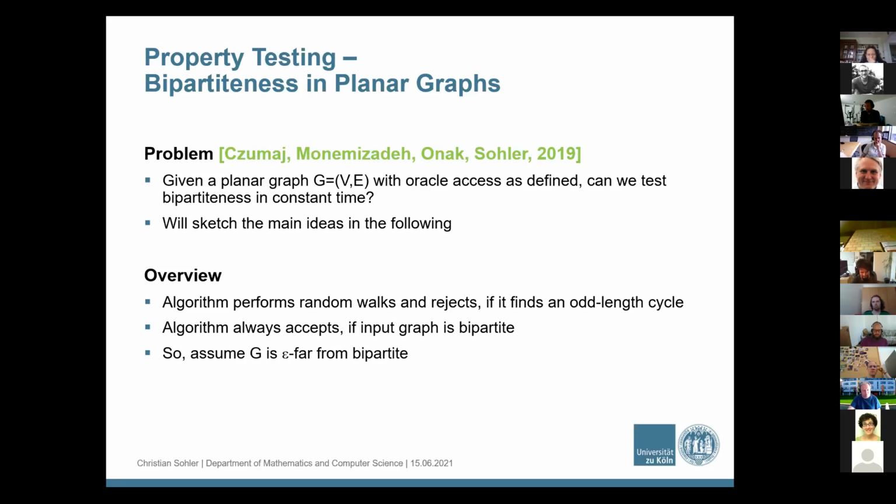The algorithm we were using performs random walks, and it simply rejects if it finds an odd length cycle, which means that the algorithm always accepts if the input graph is bipartite. So we just have to show that if G is epsilon far from bipartite, then the algorithm rejects.